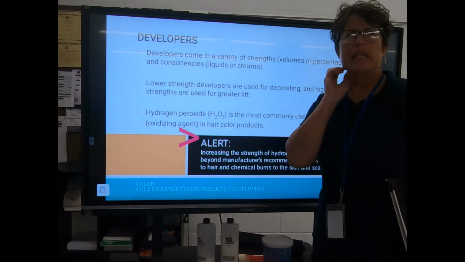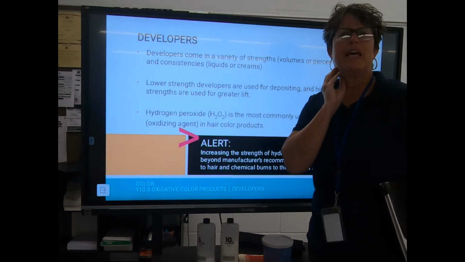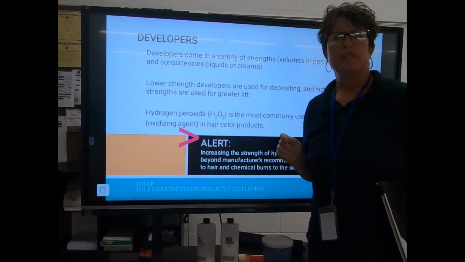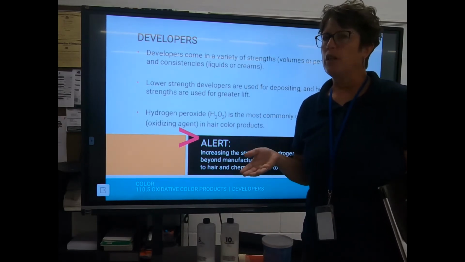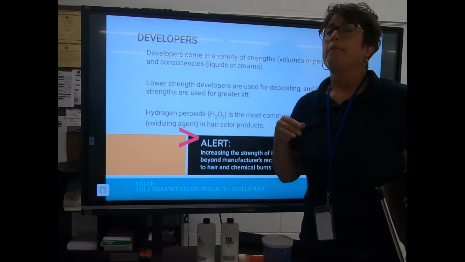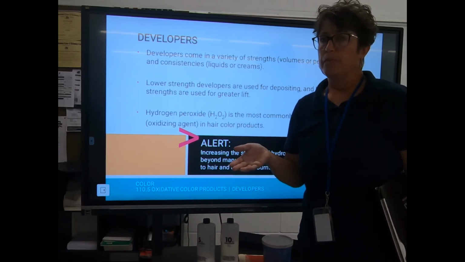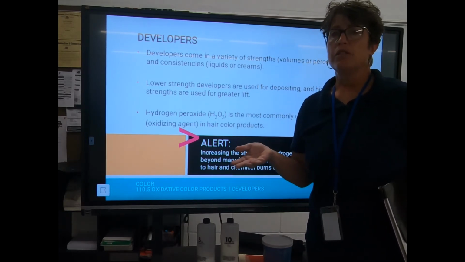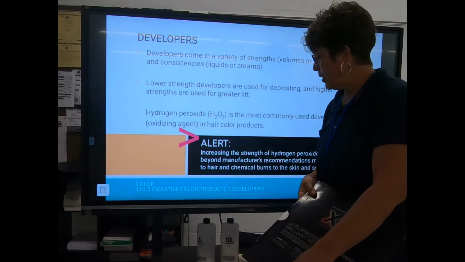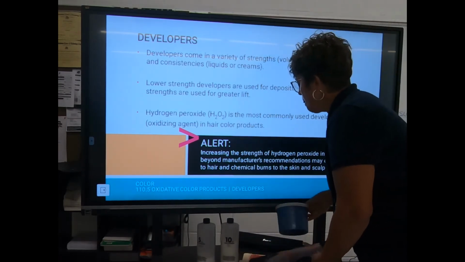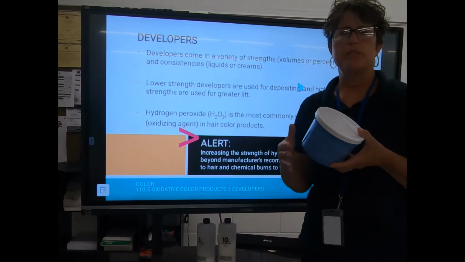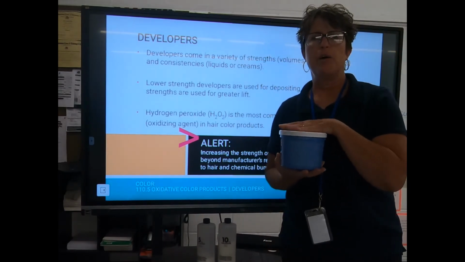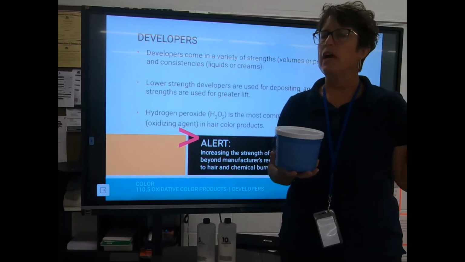The only thing I can think of that would be like this would be, say you were going to lighten someone's hair and you decided to mix the lightener with 40 volume developer, which you can do, but then you put it on their scalp. Okay? If you're going to touch the scalp with the developer or with the lightener, generally speaking, most lighteners, you just mix them differently, whether they're going on the scalp or on the rest of the hair.